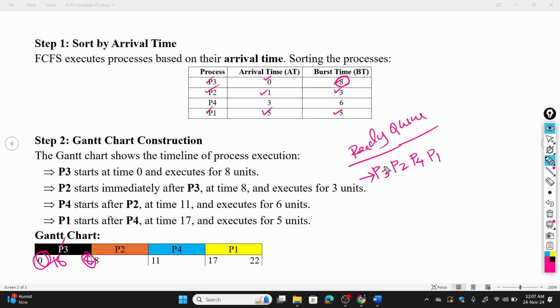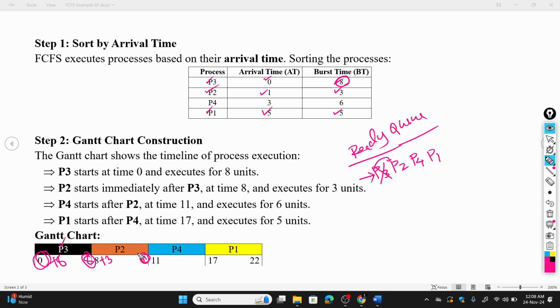So P3 has completed its execution. Now we have to move on to P2. P2 will start immediately after P3 at 8 and executes for 3 units, because 3 is the burst time of P2. So 8 plus 3 is equal to 11.